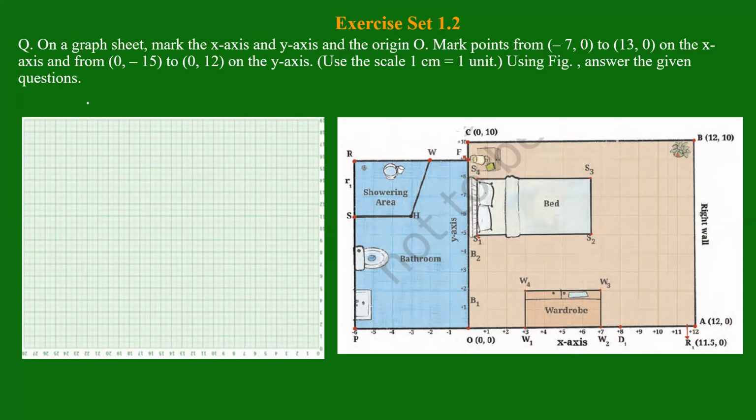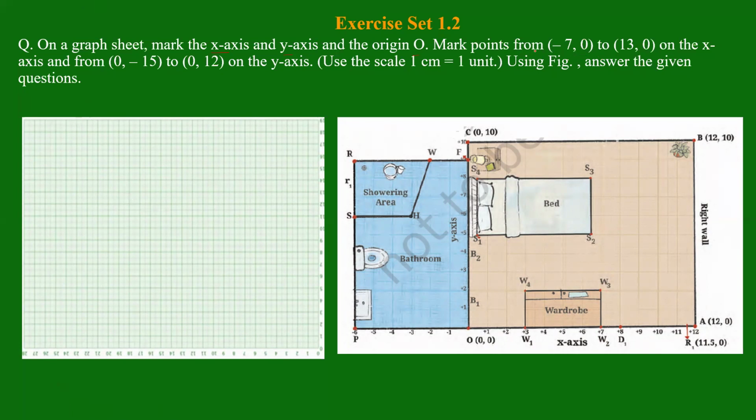So now here we have to see what they're telling us. The basic things are here first. The question is, on a graph sheet, mark the x-axis and y-axis and the origin. Okay. So now again we have some points.